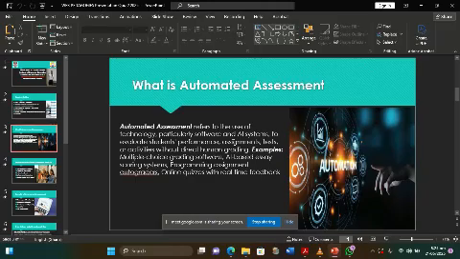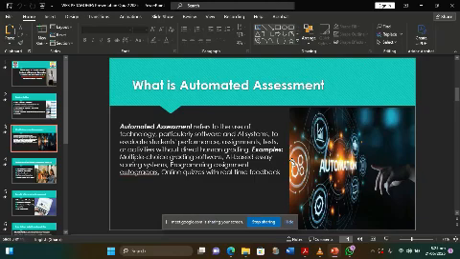So first, we'll talk about what we mean by automated assessment. We said it refers to the use of technology, particularly software and AI systems, to evaluate student performance, assessments, tests, or activities without direct human grading.